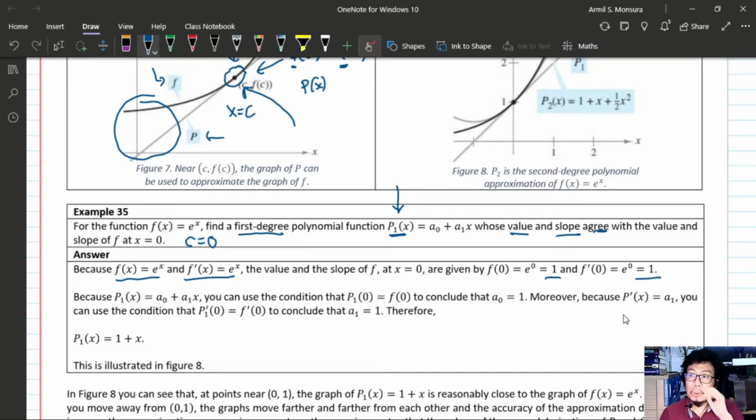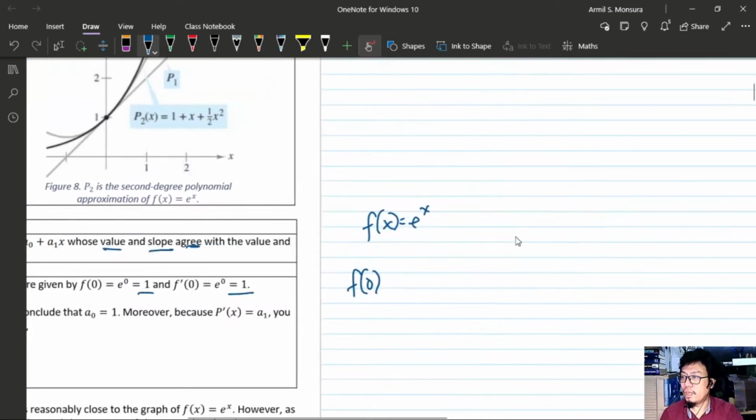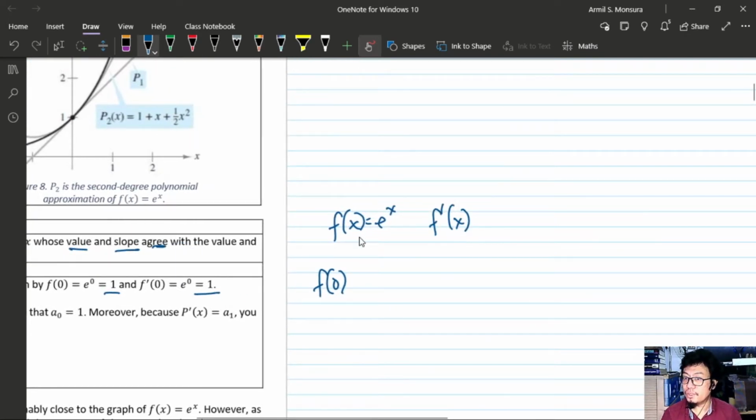We write it here. Remember that f of x is e raised to x, and that our f prime of x, its first derivative, is e raised to x also.